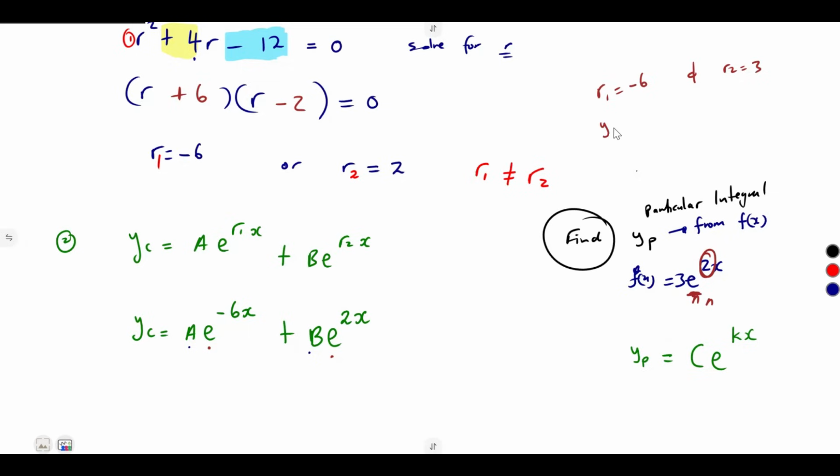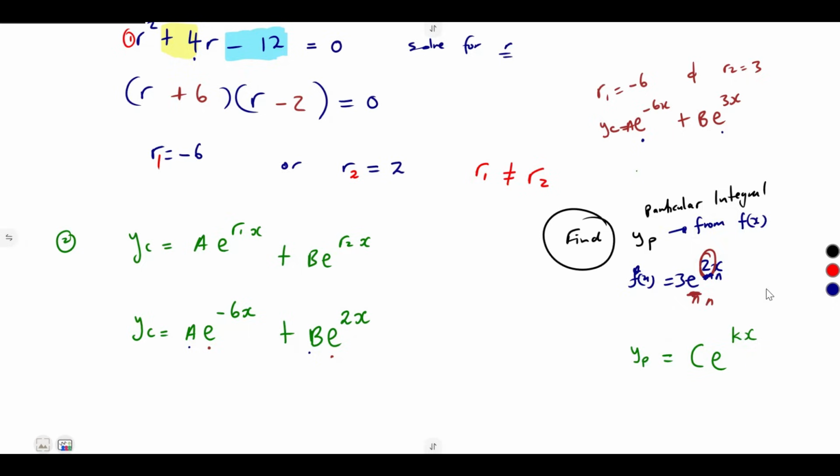We're going to have our complementary function as a e to the exponent of -6x plus b e to the exponent of 3x. This is what I'm trying to say. There is e, there is also e here, an exponential, but they are raised to certain powers which are not even the same as our f of x from that complementary function.